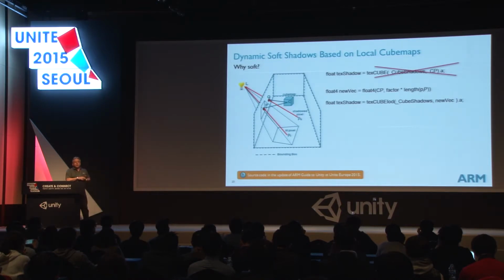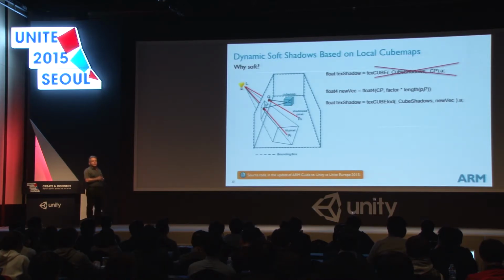And then, instead of fetching the texture using the zero mipmap level, we will pass to the cube map fetching function a factor, a magnitude which is proportional to the length of the vector from the fragment to the intersection point in the proxy geometry.